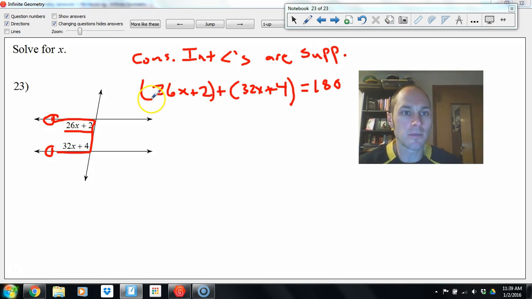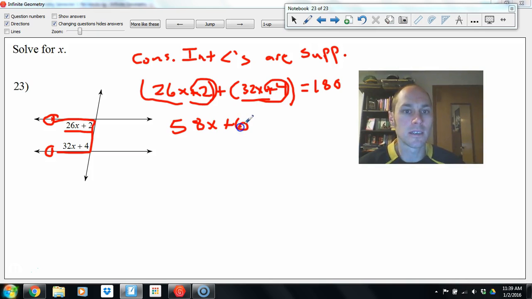So combine like terms, 26x and 32x gives us 58x, and 2 and 4 give us 6, still equals 180. Subtract 6 from both sides, we get 174 equals 58x.